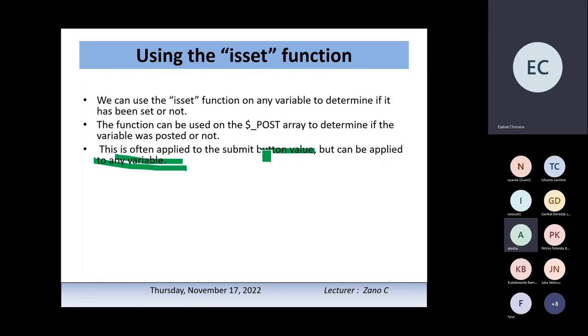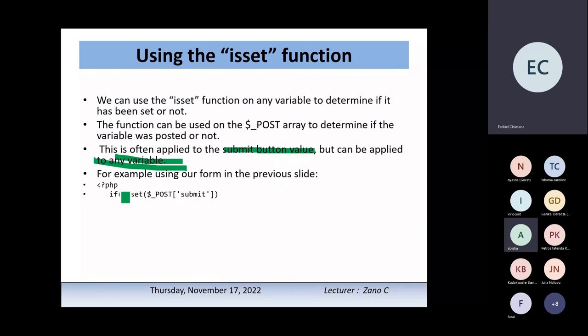Normally we use it for the submit button, to check if the submit button is set. For example, using our form in the previous slide, you can check whether submit is set. If submit is set, we know that the user actually entered the values. You can even use validation there, but we know that the user actually clicked the submit button by checking if it is set.